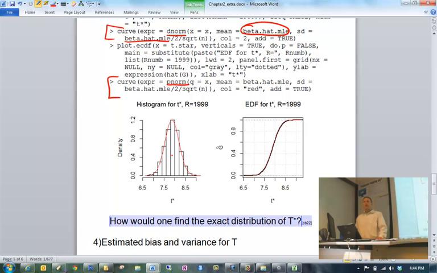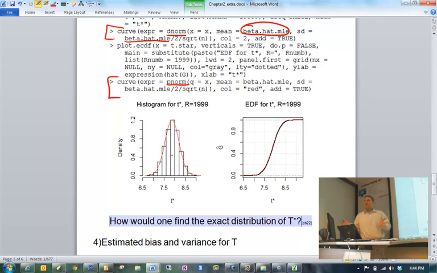So again, the purpose here is to show you, in a little bit less familiar example, how the bootstrap is going to give you practically the same thing as the asymptotic distribution. We would use the distribution here, either bootstrap or asymptotic, to do various different things.